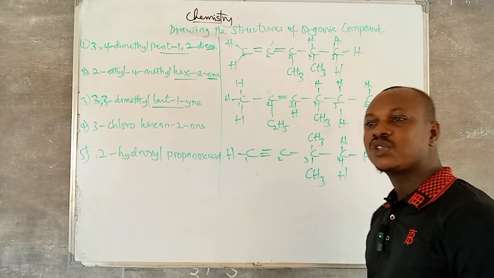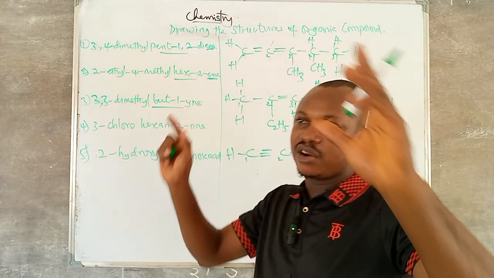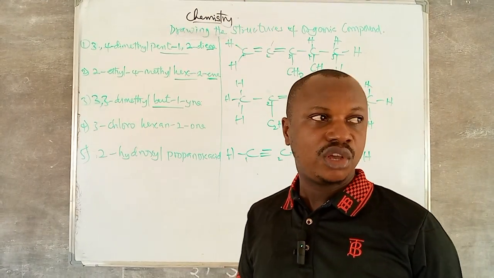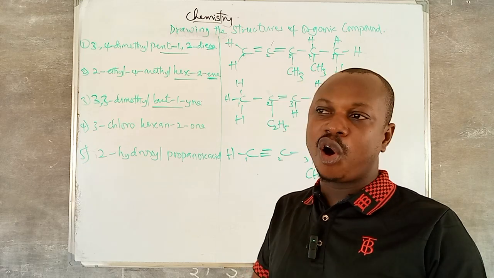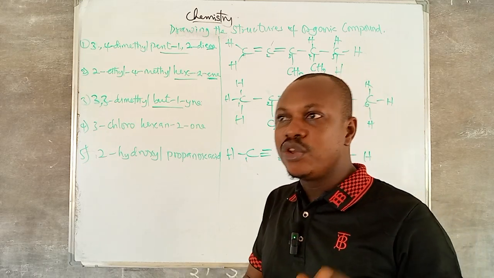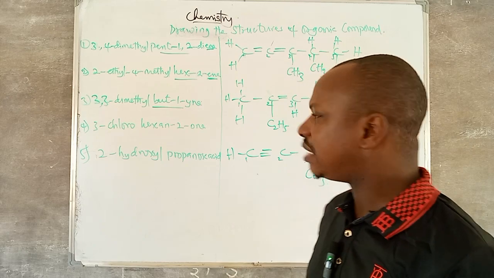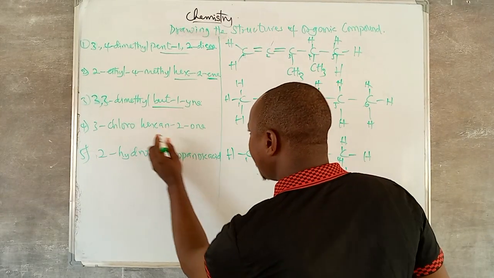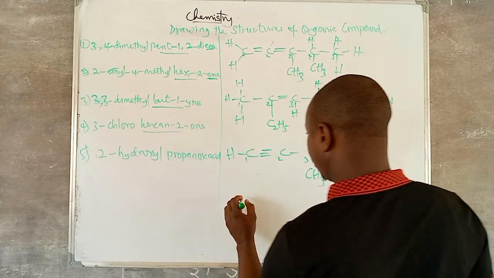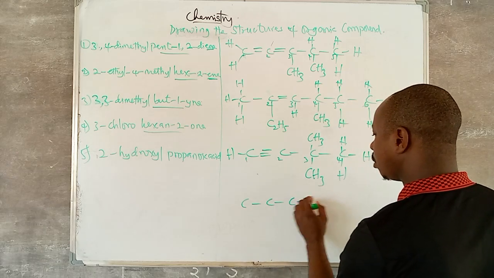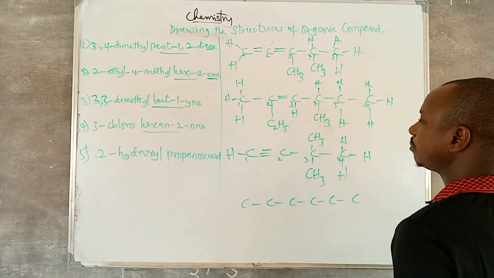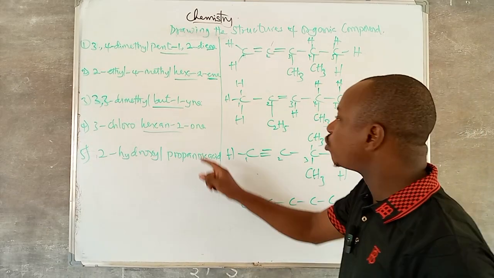The important thing, and that was why I made a video about these functional groups, is that anywhere you come across any of them, you recognize them. And I made a video on prefixes. That is why you see me doing it with ease. Hex, 6 carbon atoms: 1, 2, 3, 4, 5, 6. And the functional group present there is what?